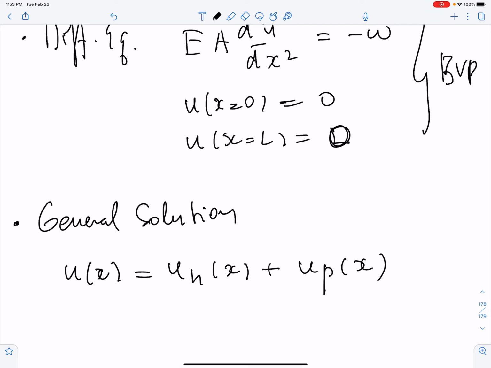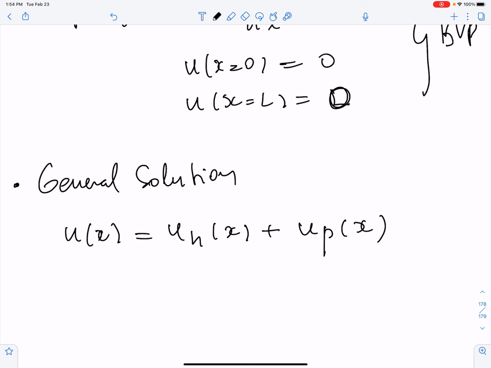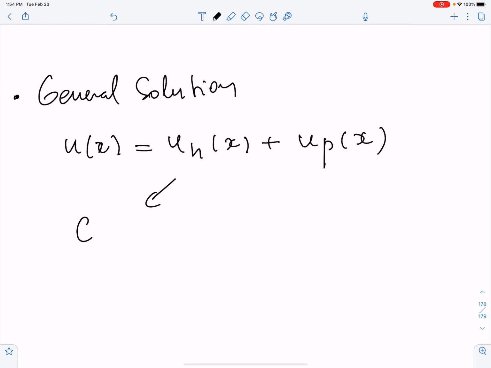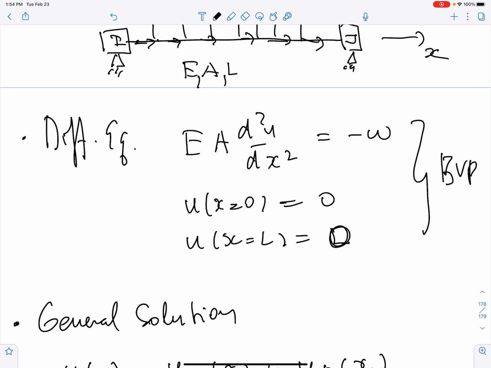Right? So then u homogeneous is a solution that satisfies the right-hand side of the operator to be 0, with arbitrary boundary conditions. We derived this before, and this just becomes C1 plus C2 x, okay? And then the particular solution, again, you need to kind of do it by inspection, right?